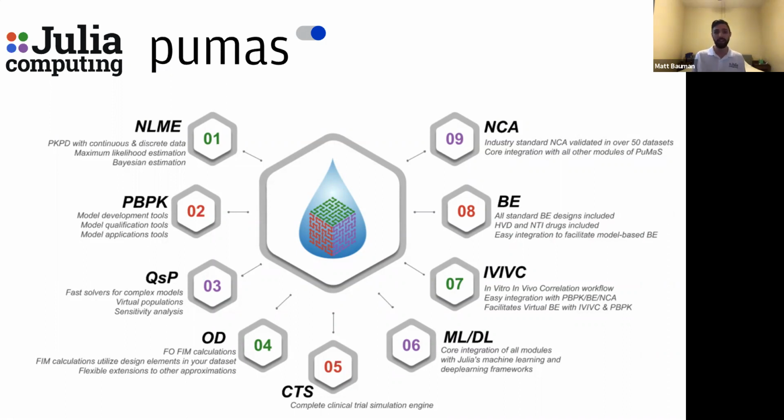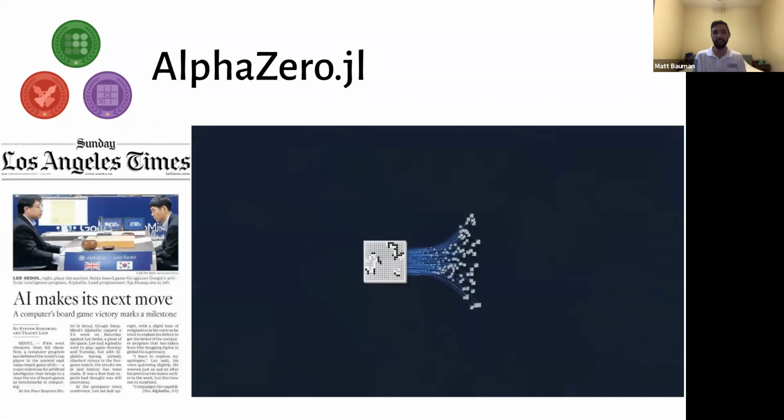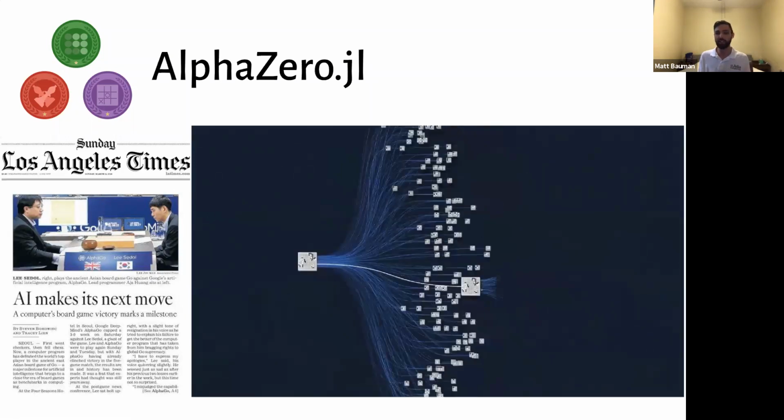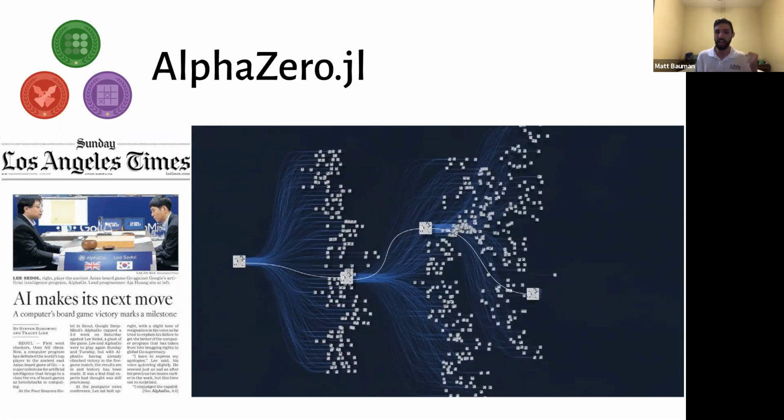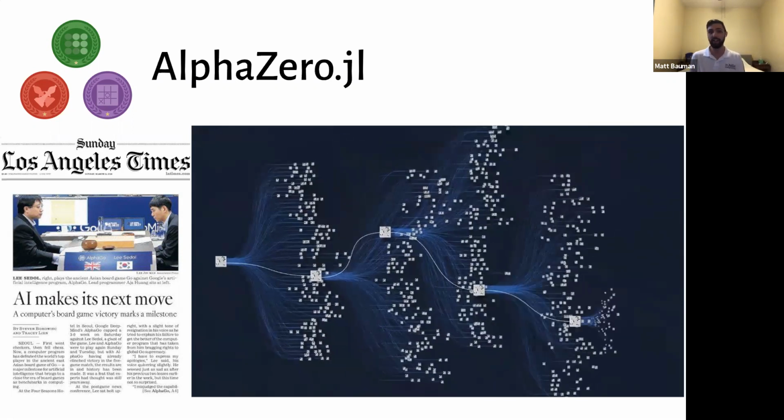Another example is AlphaZero. And AlphaZero is this kind of cool intersection of machine learning and search, where AlphaZero is the agent that was trained to play Go against a human player and beat one of the best, if not the best, human player in the world back in 2016.